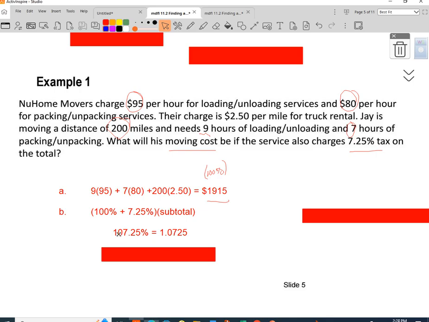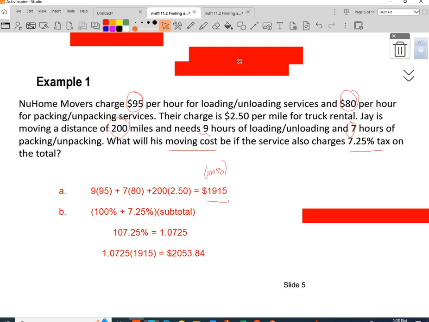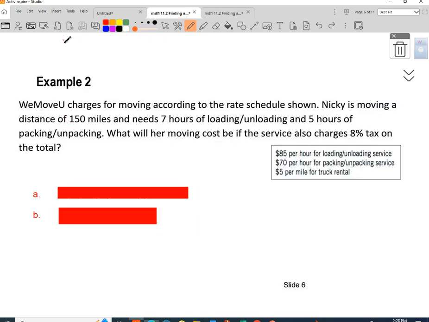Remember, divide by 100. So we can multiply his subtotal of $1,915 by 1.0725, and that will give us the total with tax included. So this is his total amount including tax to move with new home movers. Remember, you can pause if you need to catch up. We move you charges. They give us in a little different formatting.